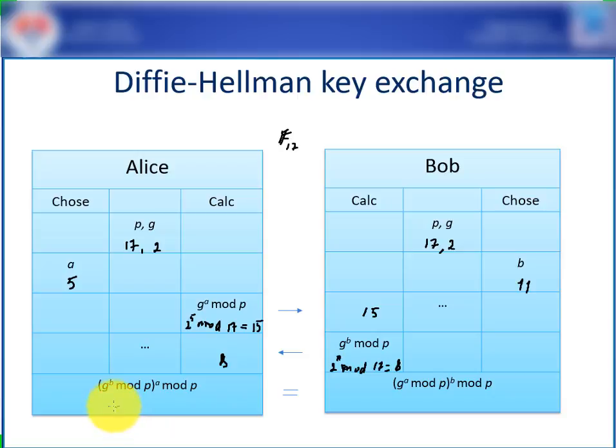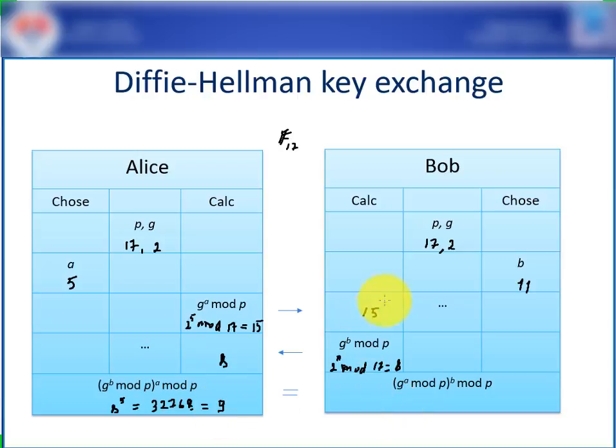So Alice takes this number 8 and raises it to power A, which is her private key. So we raise 8 to power 5, which is equal to 32,768. And modulo 17, this number is equal to 9.